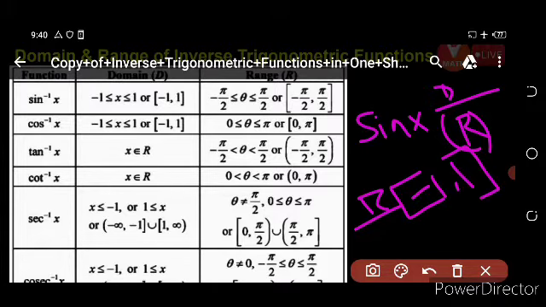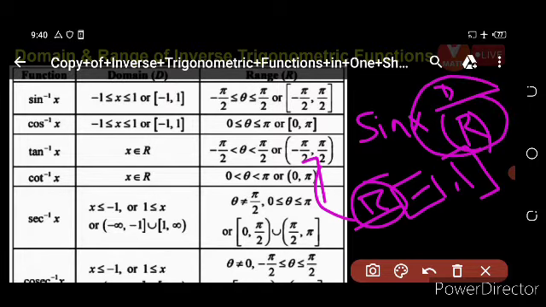So in the case of inverse trigonometric function, the range of trigonometric function is the domain of inverse trigonometric function, and the domain is the range of inverse trigonometric function. So here the domain of sine inverse x is equal to the range of sine x, that is -1 to 1, and the range is minus pi by 2 to pi by 2.